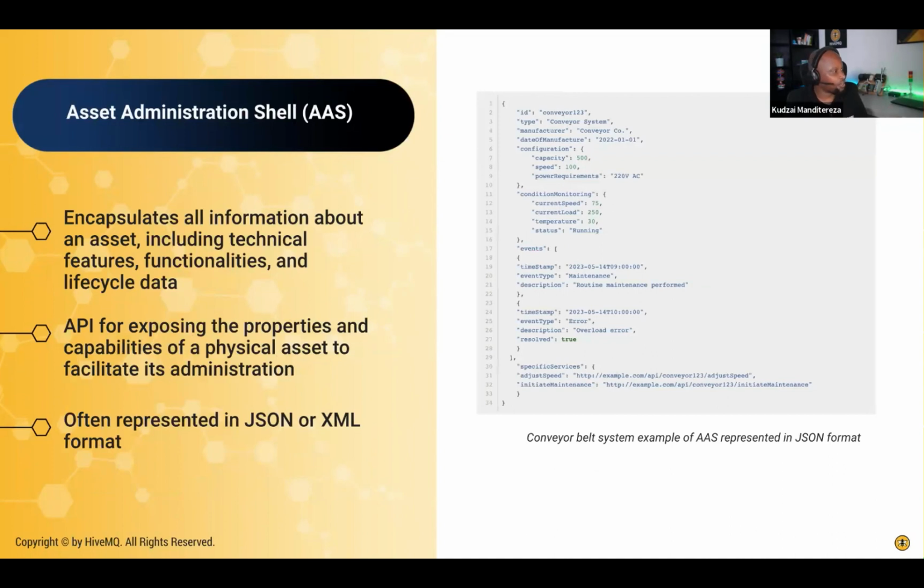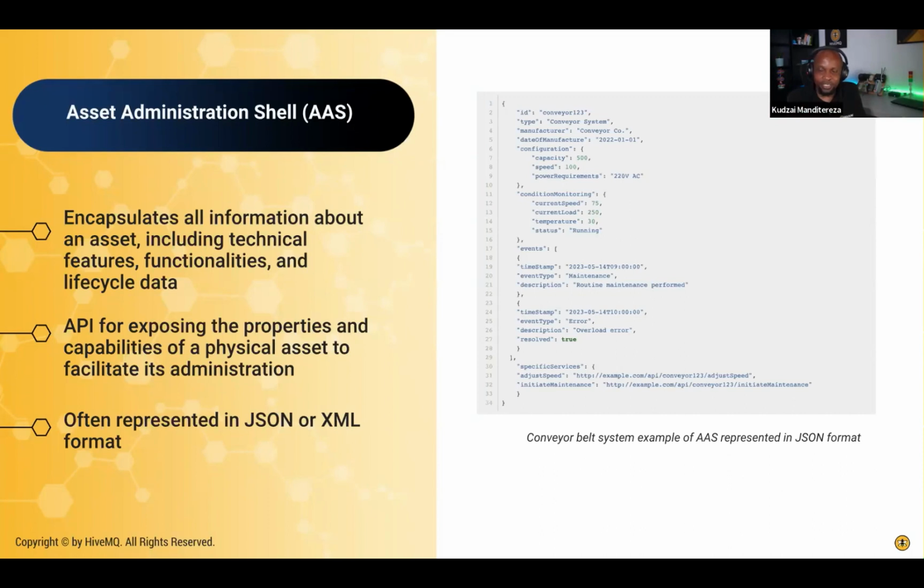And then there's also the asset administration shell, which is also a way of representing or structuring your data in a way that is consistent with international standards. So in most cases, you'd use the asset administration shell in a situation whereby you really want to capture information about an asset, things like technical features, or if you want to capture a data sheet. So you've got a machine that has a data sheet that is a PDF, whatever. You want to capture it in a digital way, in a way that is understood by other systems.